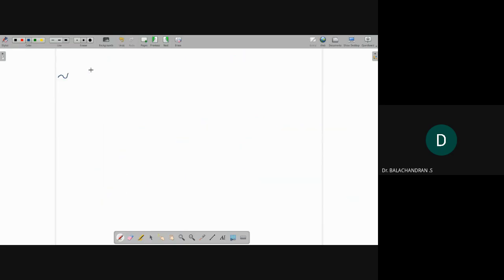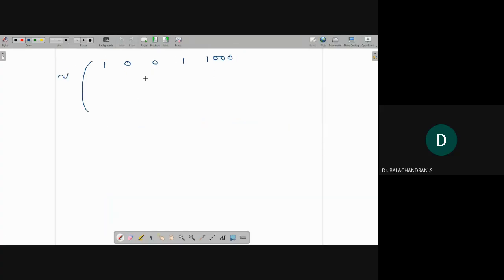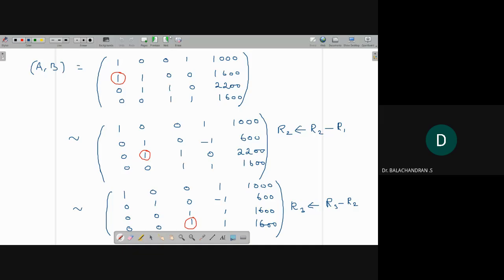So this is equivalent to the first 3 rows as they are: 1, 0, 0, 1, 1000. Second row 0, 1, 0, minus 1, and then 600.